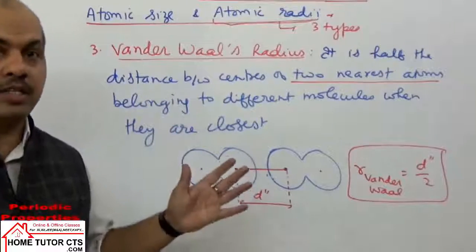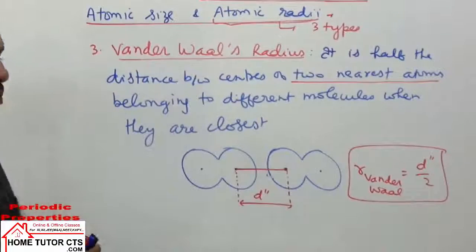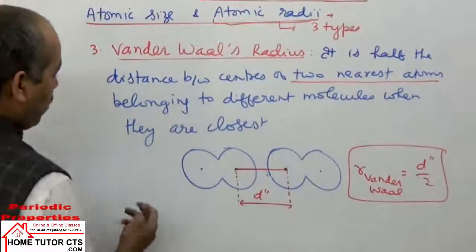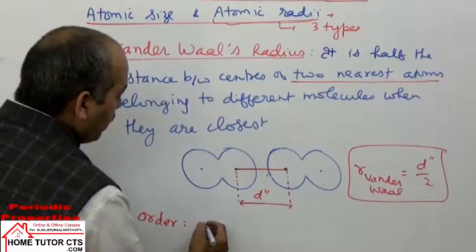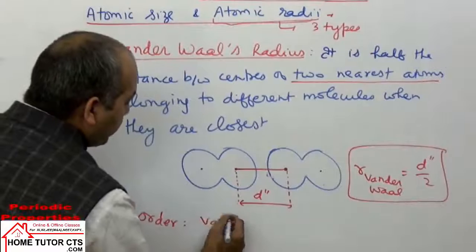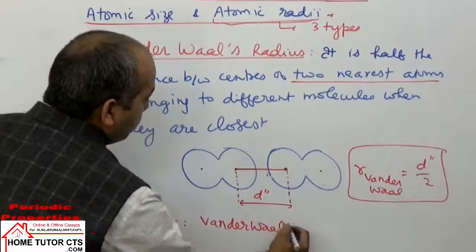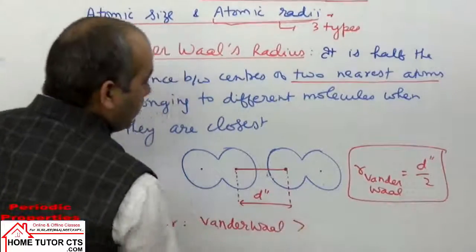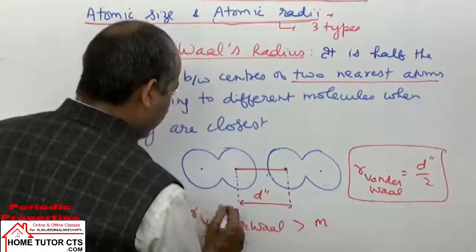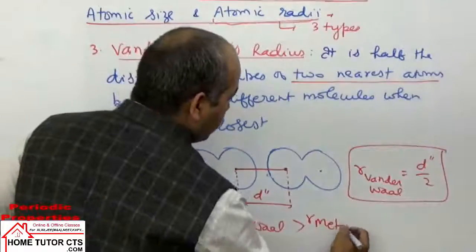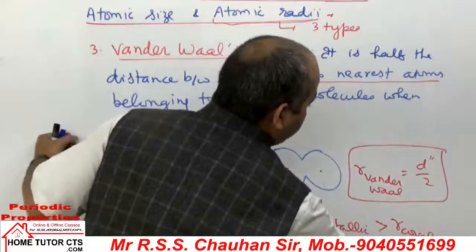Among the three radii, can you tell which should be highest, or what is the order of the three radii? The maximum is van der Waals radius. Then next is metallic radius, and then covalent radius.